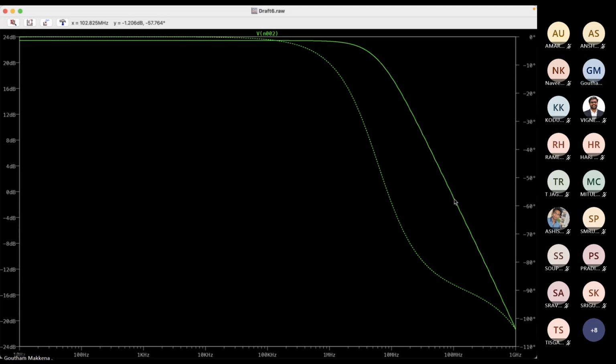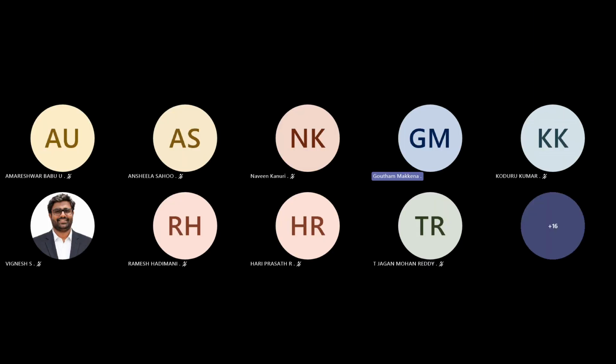At 100 megahertz, it should have been 0, but we are getting around minus 1 dB. But that is fine, I guess. We are almost there. Minus 1 dB at 99 or 100 megahertz is permissible. Do you see both unity gain frequency and the DC gain are satisfied? Yes or no?